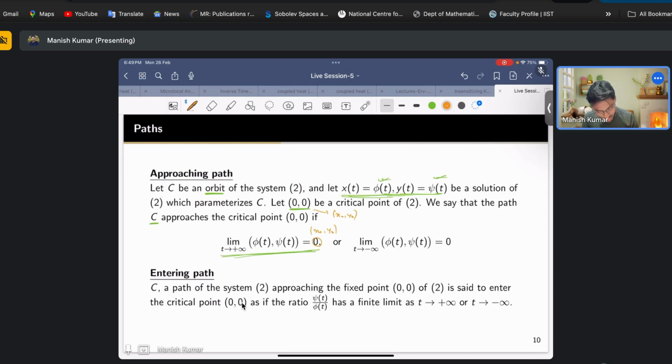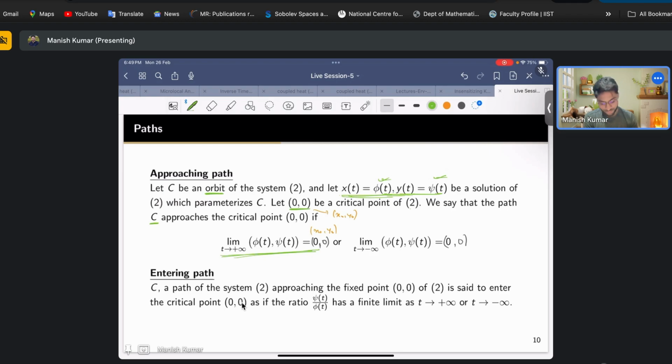If I am writing 0, it is basically 0 comma 0. If you talk about any other equilibrium point, you just replace that by x naught comma y naught. So there is nothing special about 0 comma 0; the same thing follows for any critical point.